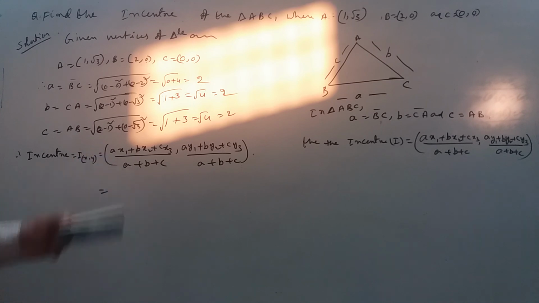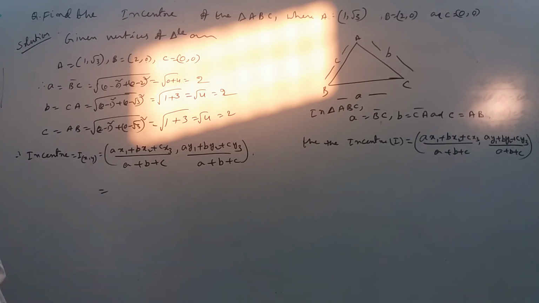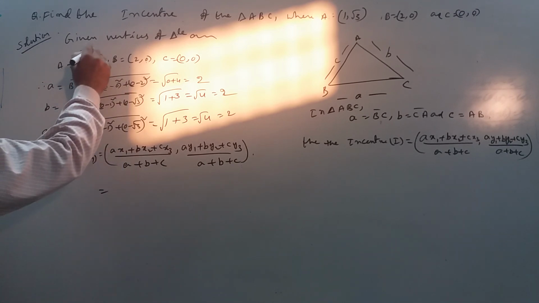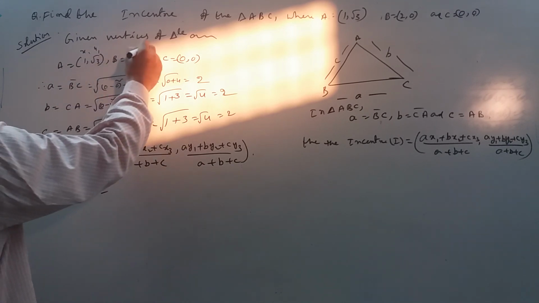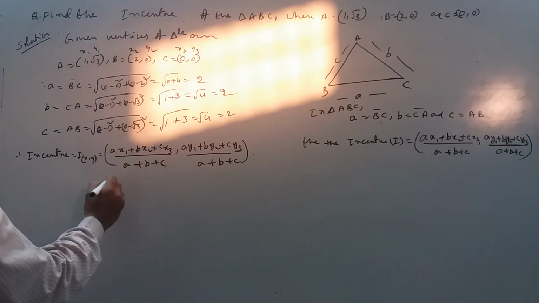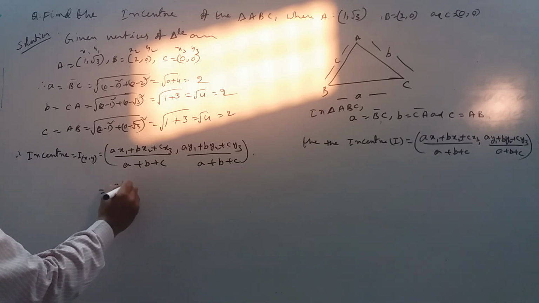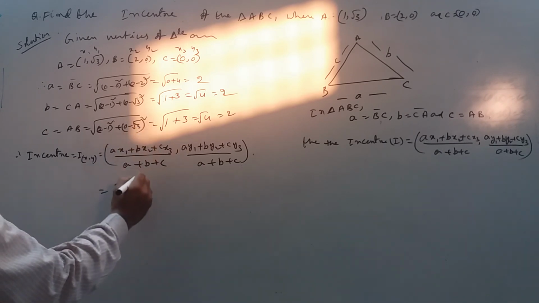Here, by inputting the values of a, b, c and x1, x2, x3, y1, y2, y3, take this as (x1, y1), (x2, y2), (x3, y3). a means 2 into x1 means 1 plus b, what is b?